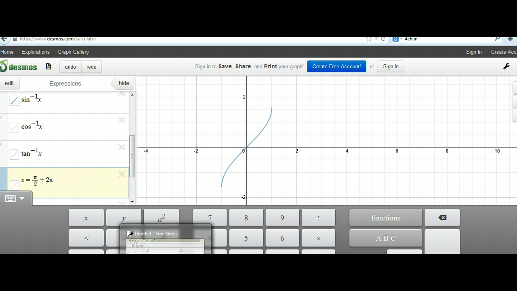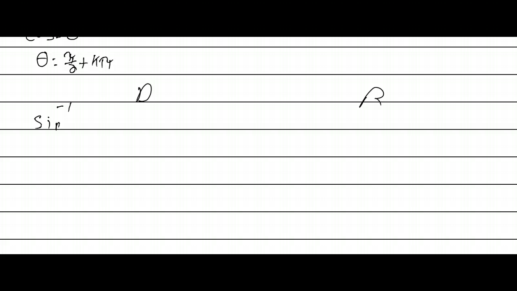So remember, with inverses you pretty much have to flip things. So the domain and range for sine: the domain is all real numbers, right? But your range is from -1 to 1. So now for sine inverse it's going to change.